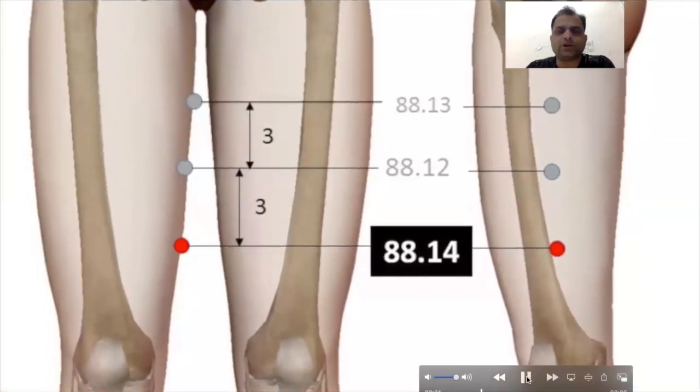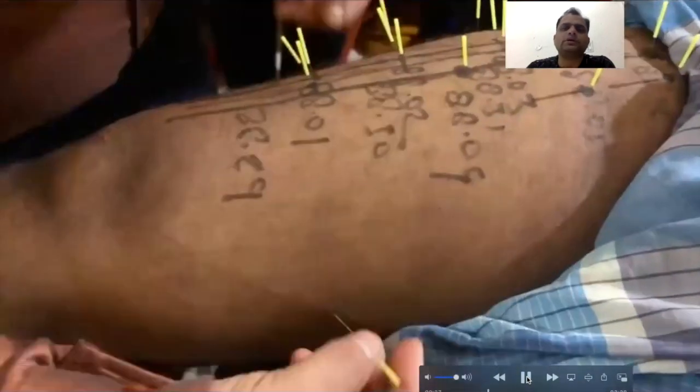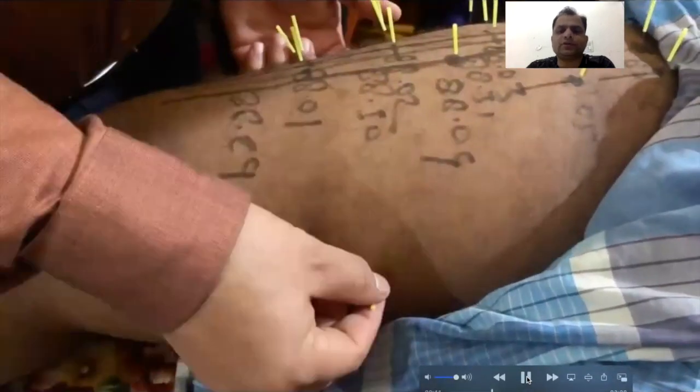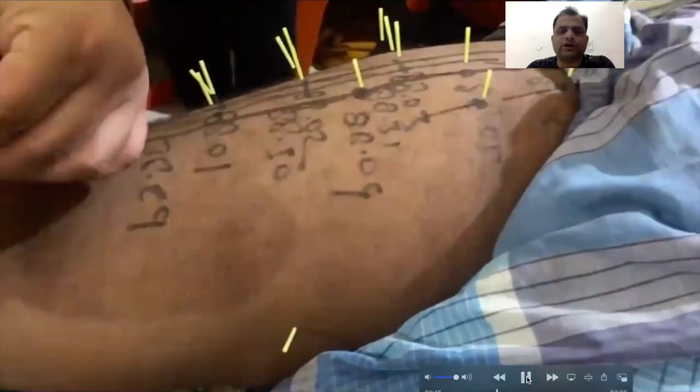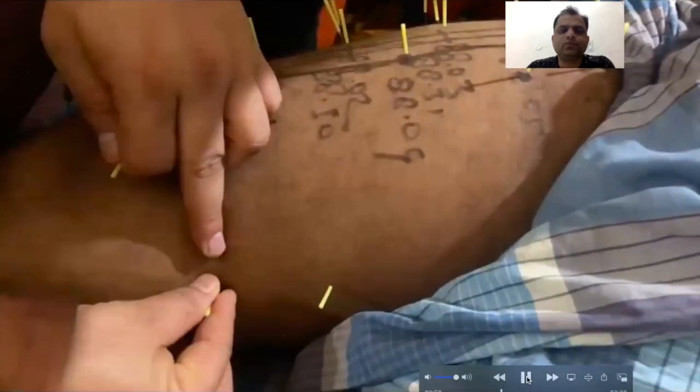These 3 points together are called the upper 3 yellows. The outer point is gallbladder 31 on the lateral side of the thigh, and this is 88.12. From this point, we insert 2 more needles, 3 chun down and 3 chun up.